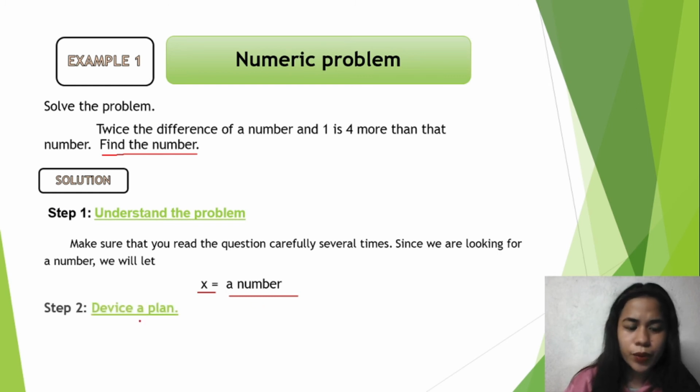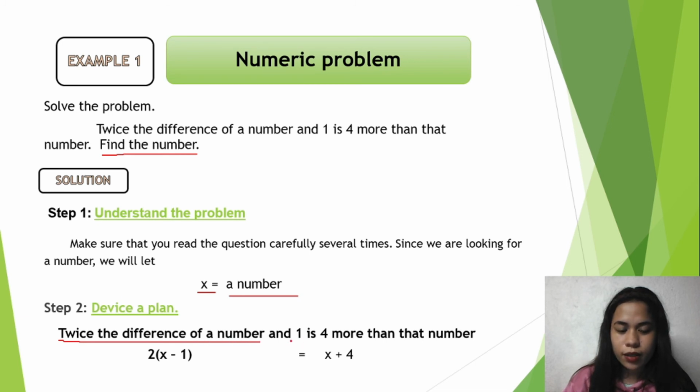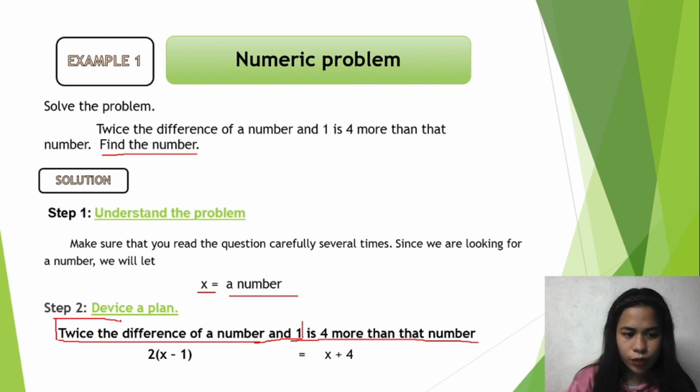And step 2, devise a plan. Here, we need to translate this into a mathematical expression, and we can now proceed to the next step. So we have twice the difference of a number and 1. How are you going to translate this into a mathematical expression?